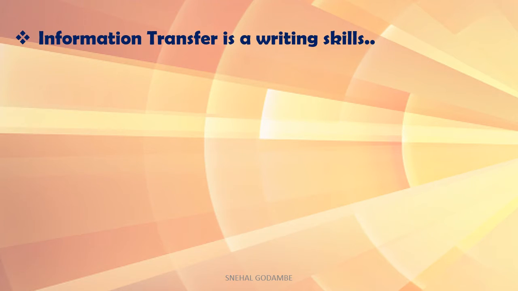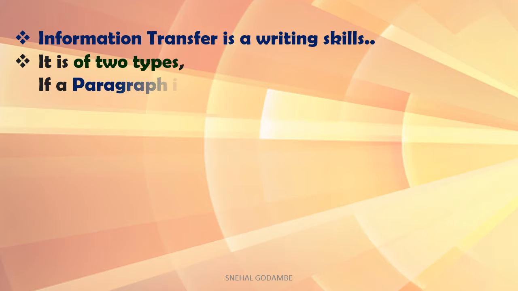Now, information transfer is a writing skill. As we have seen in the beginning that we have to develop our writing skill, and information transfer is a very important part of a writing skill. Okay. It is of two types. Information transfer, just now we have seen of two types.